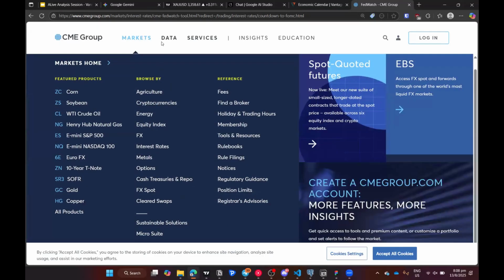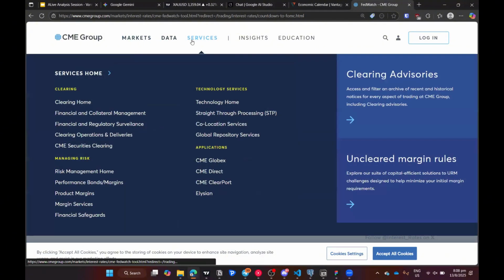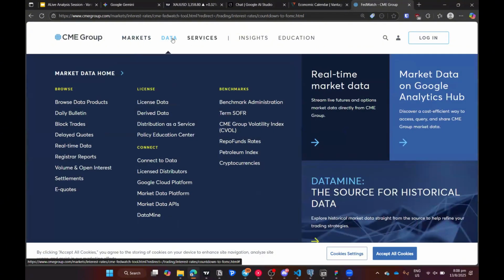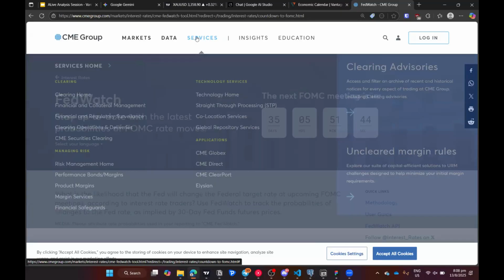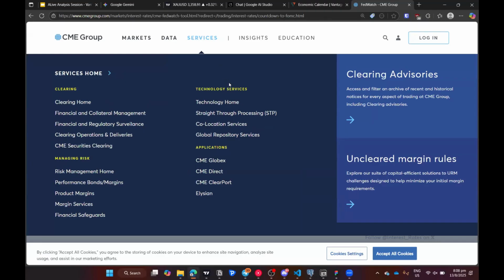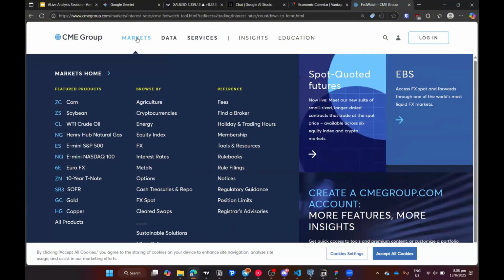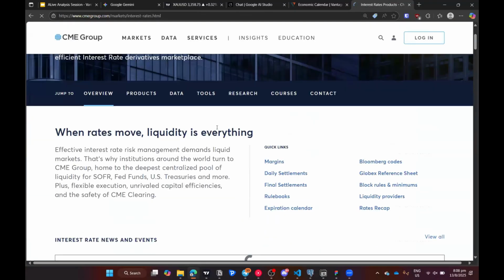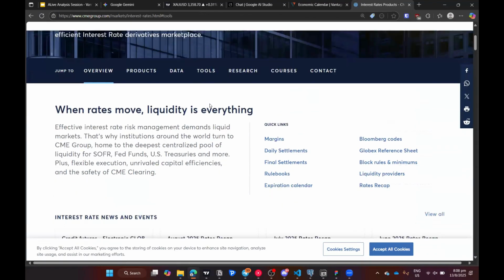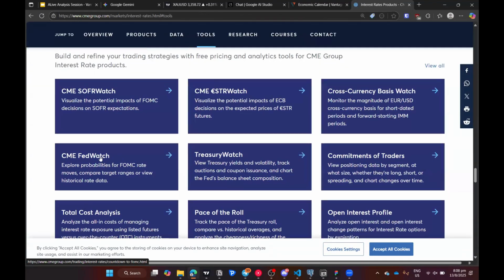It used to be under data. Or you can just directly search Fed Watch. Under interest rates, and then you should have tools. And then under tools, you have CME Fed Watch.